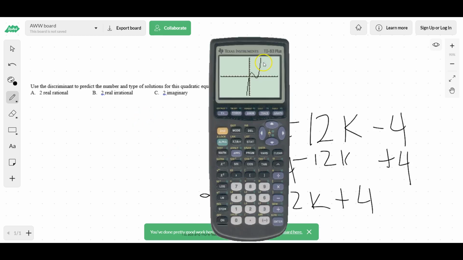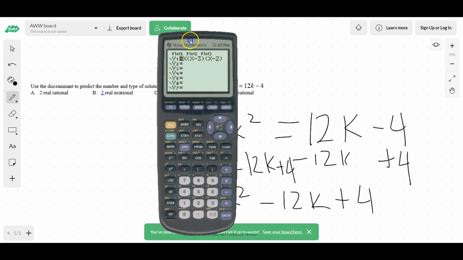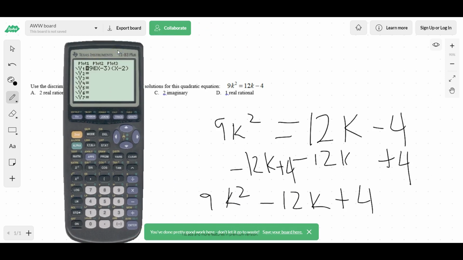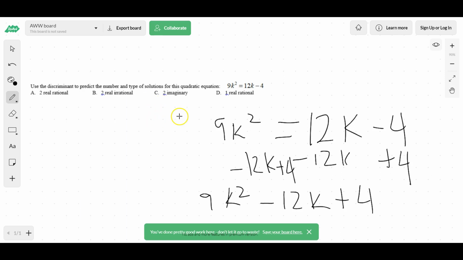So I'm going to use my graphing calculator again. You don't need to use k's. X's work the same. So we'll just plug that in, and then we'll hit graph. And as you can see, it looks like it hits once and goes off. We can double check that if we're unsure.